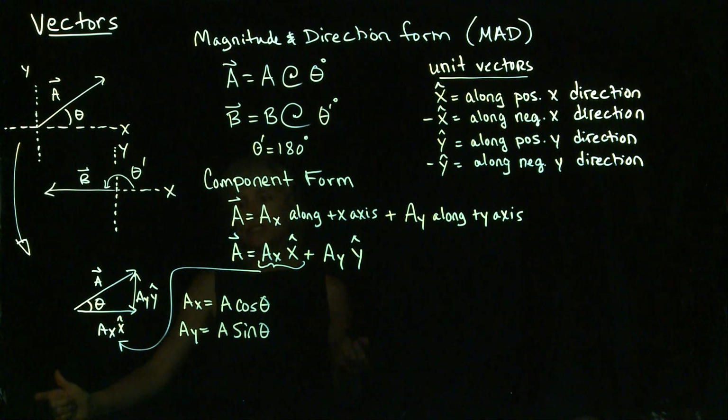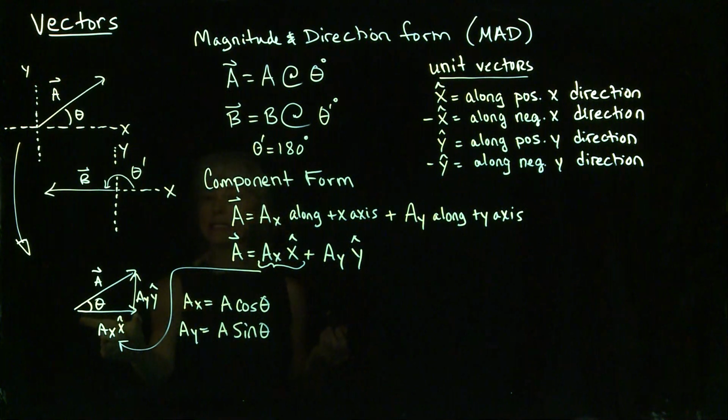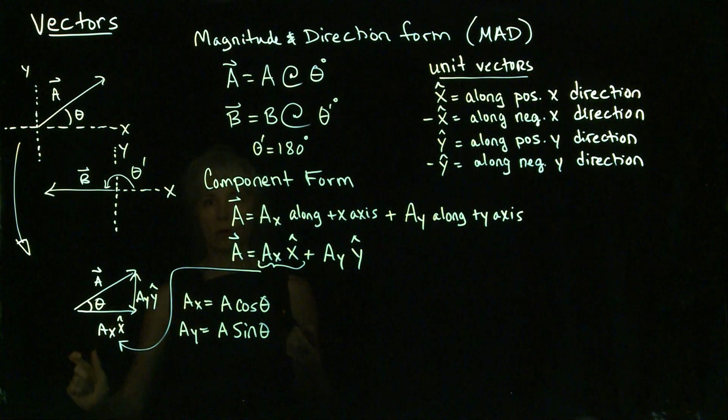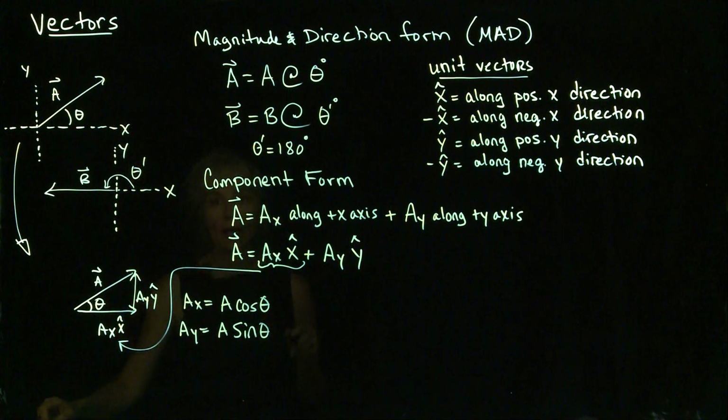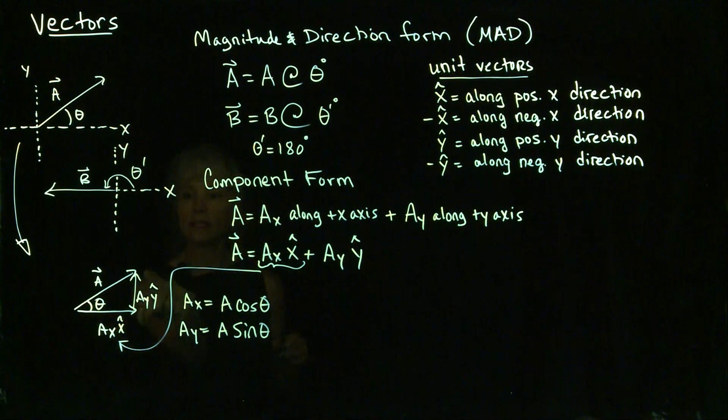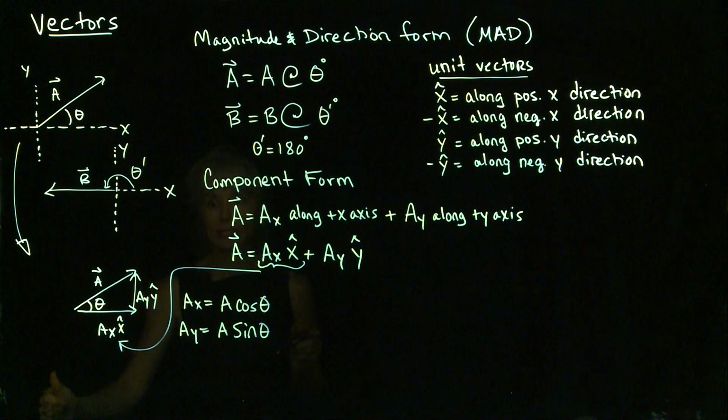In addition, notice that if I had instead just the component form of the vector, so somebody tells me this is how far along x and this is how far along y, I can transfer that information to magnitude and direction form by using Pythagorean's theorem: squaring this side, adding them together, and taking the square root would tell me how long the hypotenuse is.